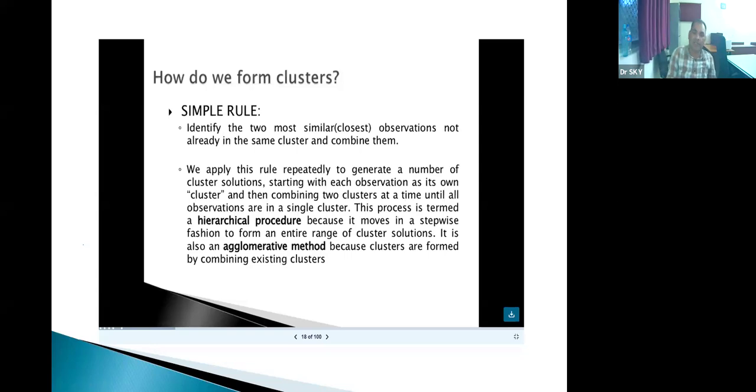Here, a single observation or single unit is considered a cluster, and we add these clusters on the basis of similarity, closest distance. So we make one cluster from many clusters, and in divisive, we make many clusters from one cluster.